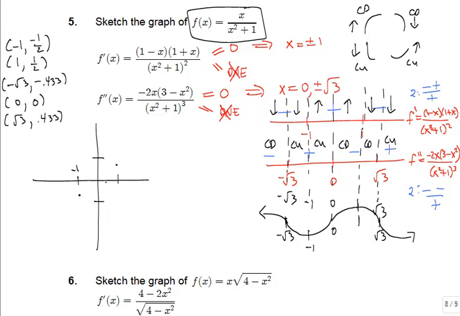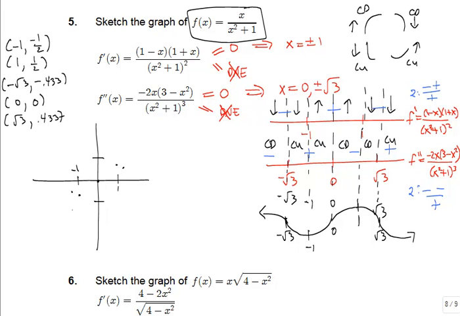So here was -1. -√3 would be a little to the left of that, and -0.433 is a little bit higher than our -1/2. So it's going to be somewhere like right there. And then 0, 0, and then √3, which would be about here, and 0.433 is just a little lower than our half. So something like that.